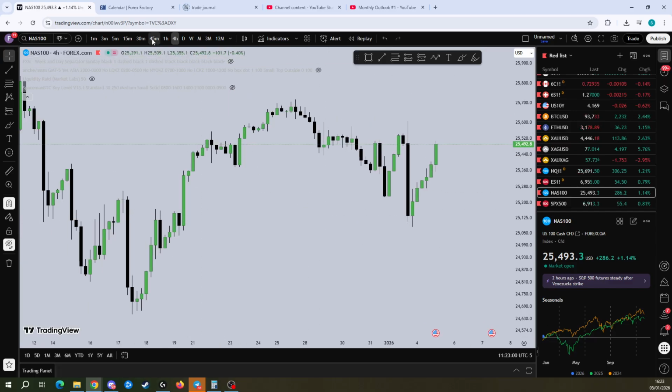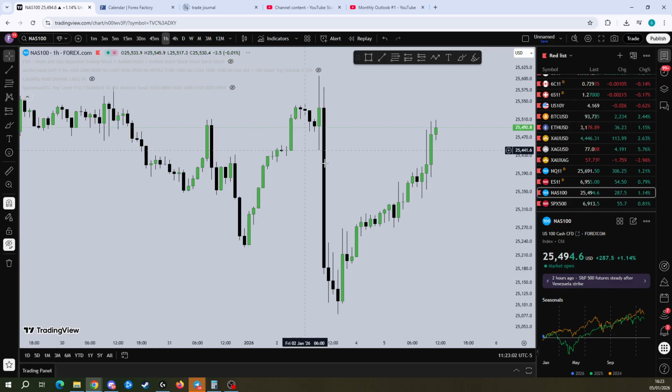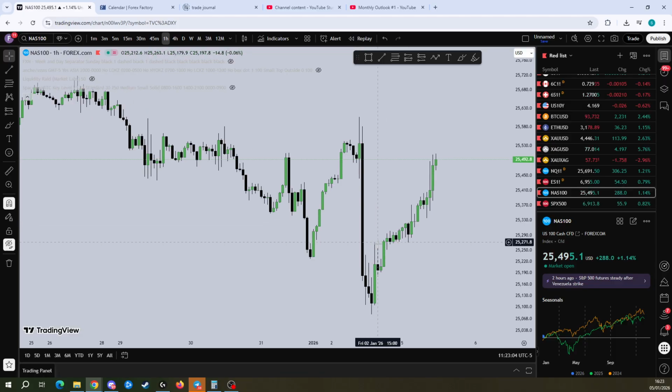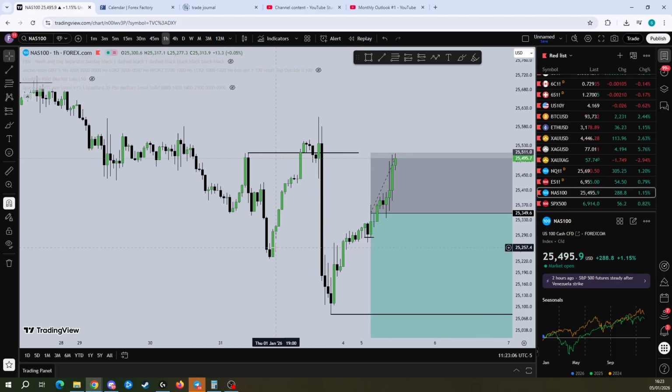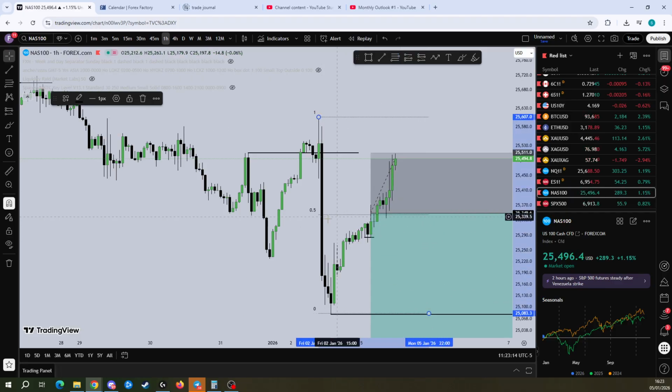So I wanted to wait for some liquidity to engineer on the 1 hour time frame. We have this initial high, but I wanted to see price come a little bit deeper, at least until the 50% of the range.